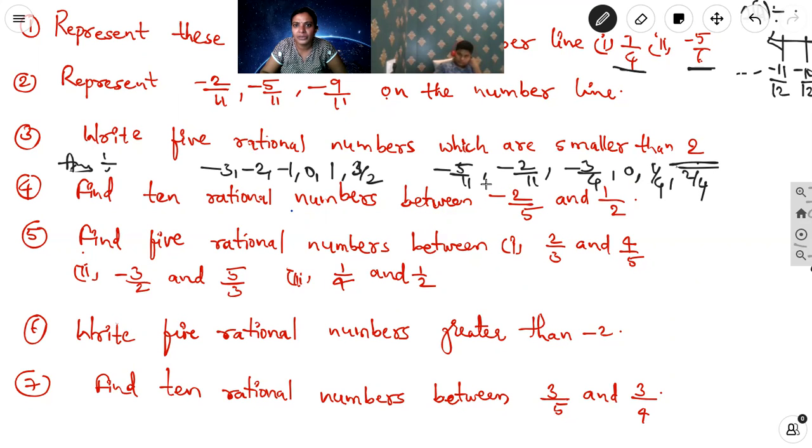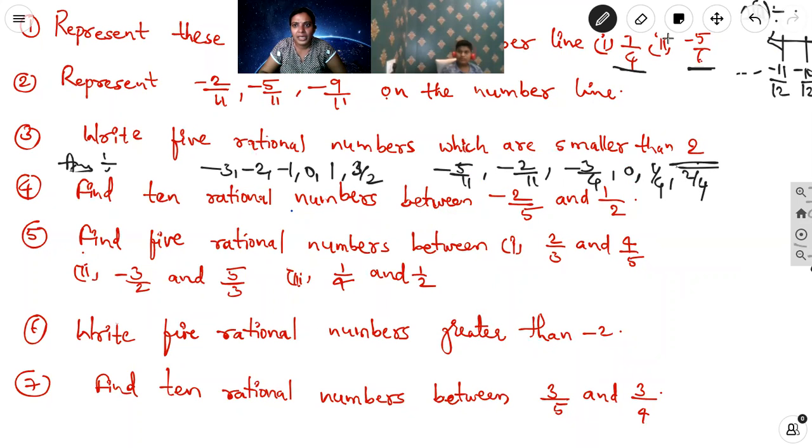These negative numbers are always less than 2. 2 is greater. These negative numbers are smaller than 2, any positive. 0 is also smaller than 2. 1 by 4 is also smaller than 2. 2 by 4 means half is also smaller than 2. You can choose any 5 numbers.